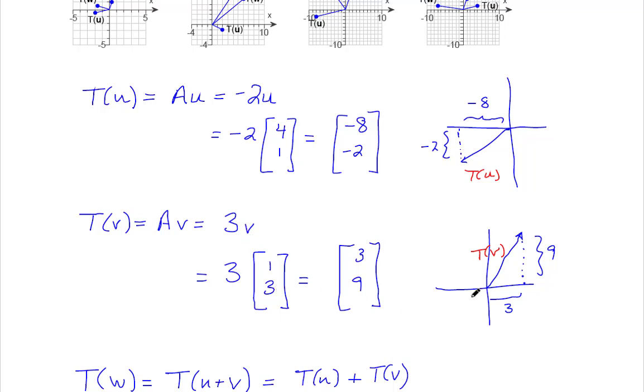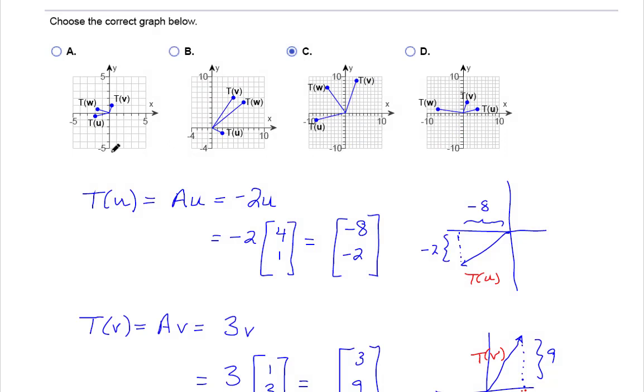So (3, 9). So where is that? That's over 3 and up by 9. Okay, so what I'm trying to figure out is which one of these pictures it fits. Well, here's T of u, here's T of v, so yes, it will be C here.